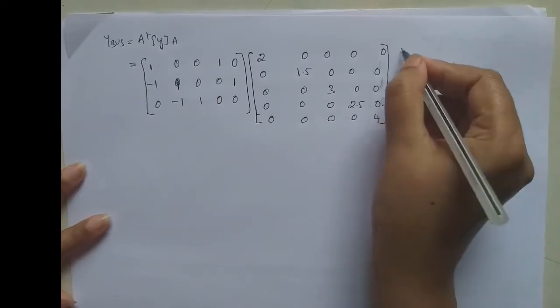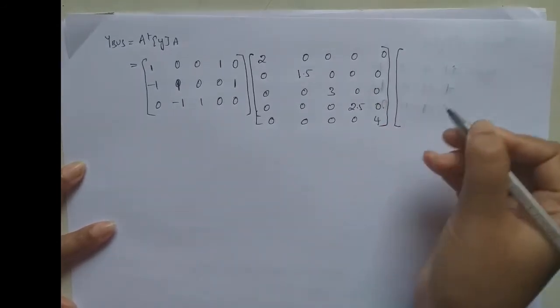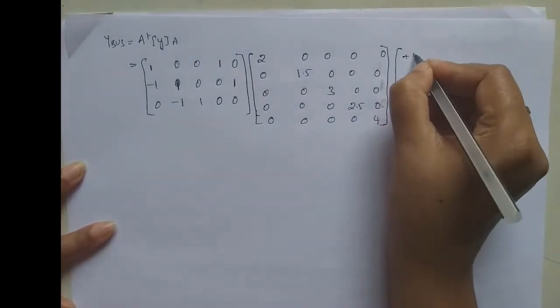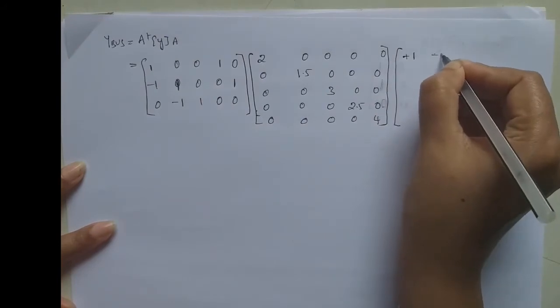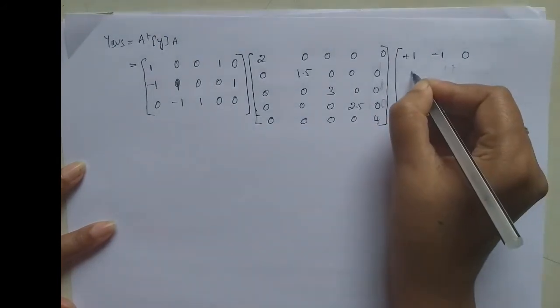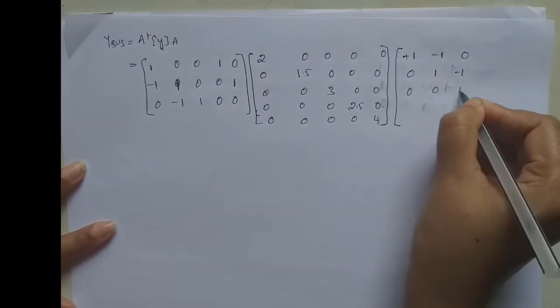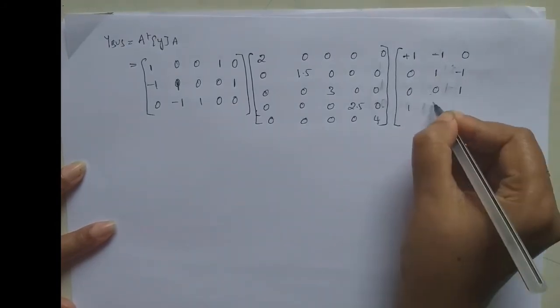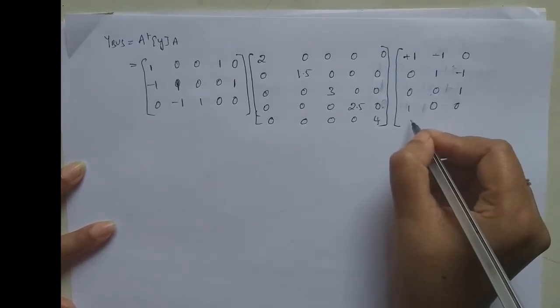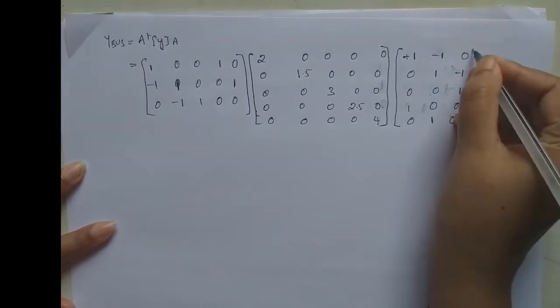Next, matrix A which is plus 1 minus 1 0 0, 1 minus 1 0 0, 1 1 0 0, 0 1 0.